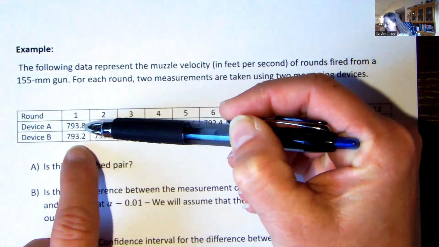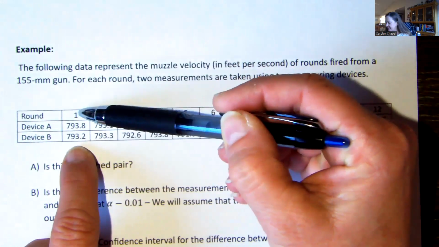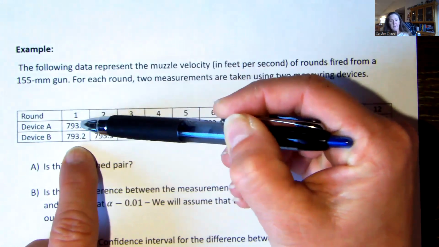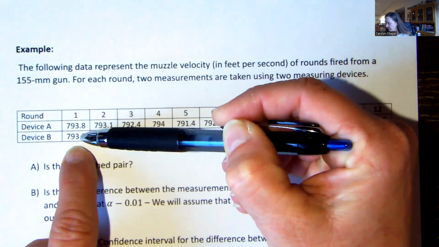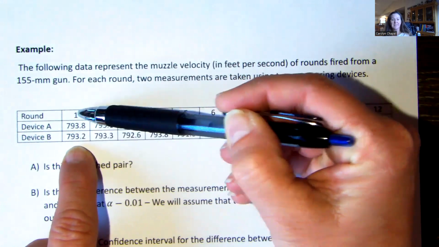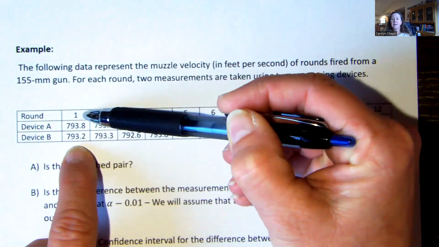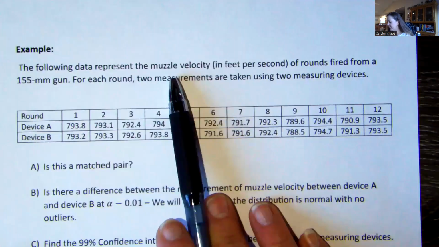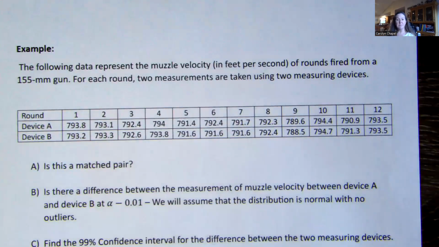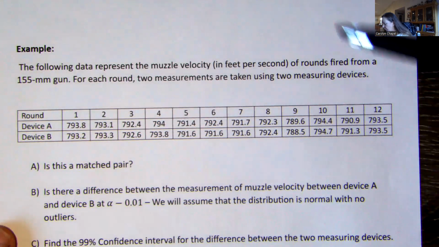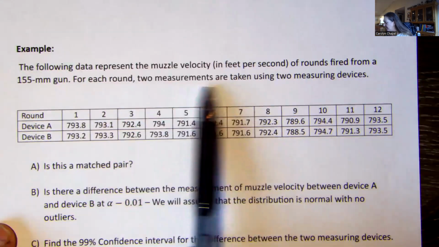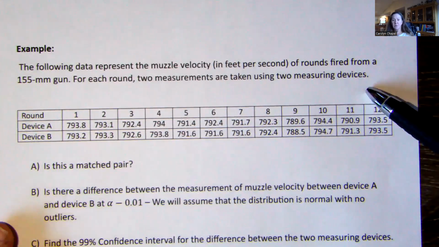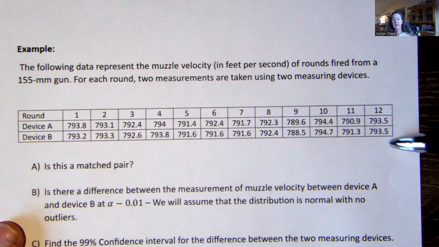So these are matched because this is indicating the two pieces. So these are connected to each other because they measured the same gunshot. Okay, so we have the following data from a muzzle velocity, which is measured in feet per second, in rounds fired by a 155. For each round, two measurements were taken using two different measuring devices. And here is the data.